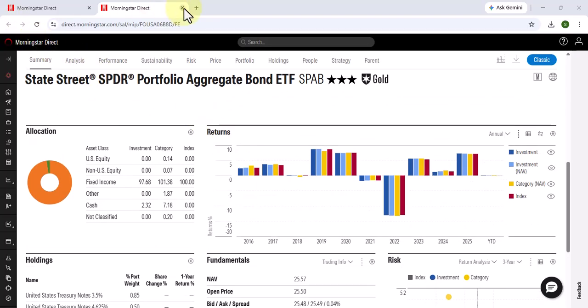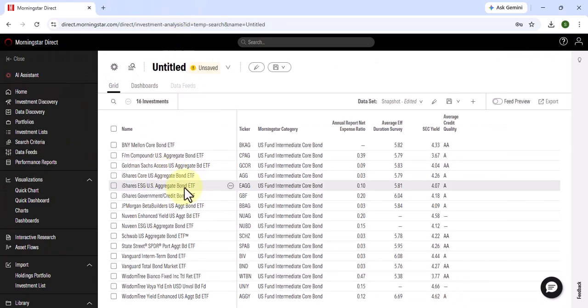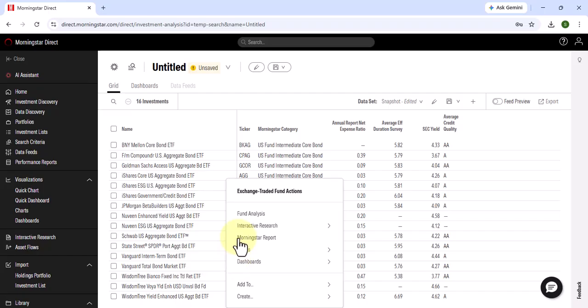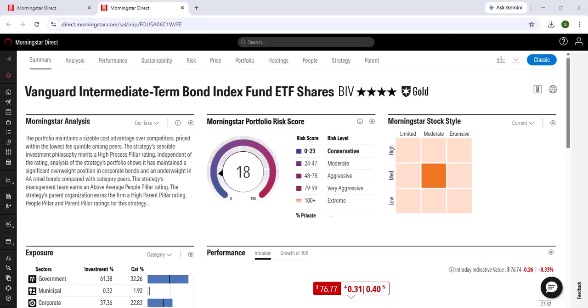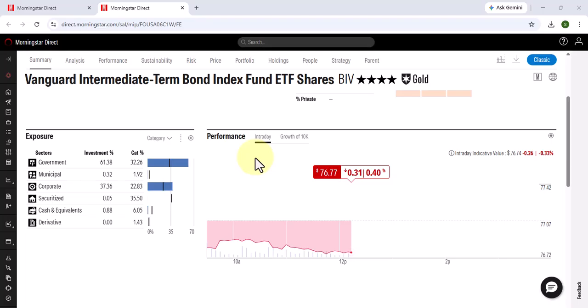So it's certainly a good choice. The next one was this BIV, and the one that it didn't score well on was the average credit quality. The portfolio score is very similar to the previous one. This is an 18.